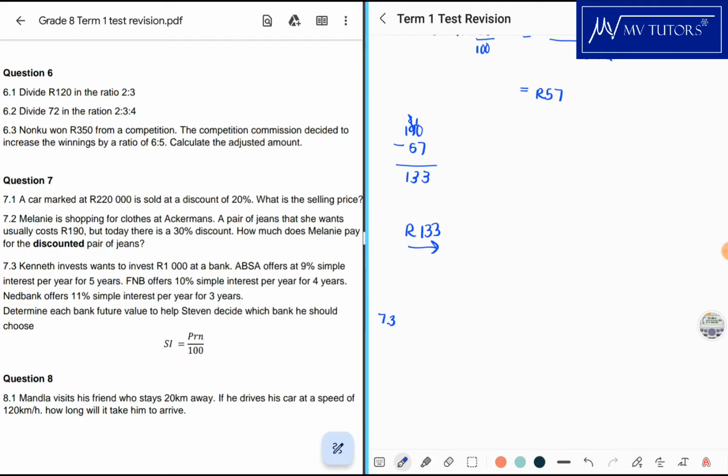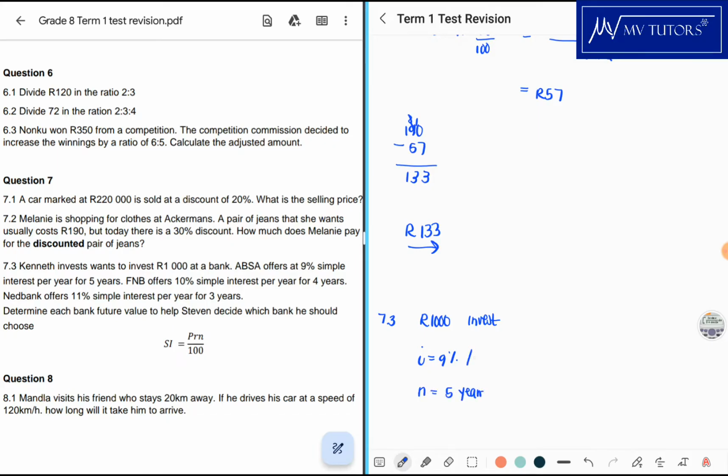Now 7.3 says, Kenneth wants to invest 1,000 Rand at a bank. Okay, so this is what he wants to invest. The bank, ABSA, offers 9% simple interest. So the interest rate there is 9%, okay, per year for 5 years.